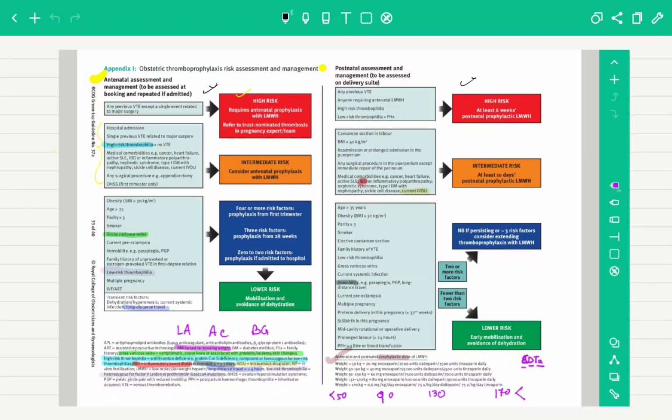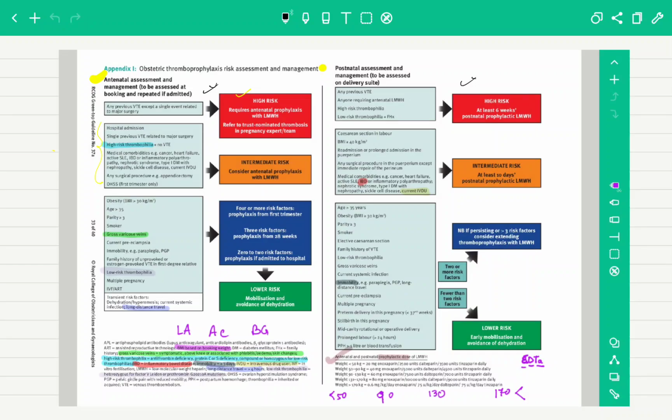Now there's only one exception in this scenario, and that is if she had undergone a major surgery and related to that she had a single event of VTE. That single event is excluded.